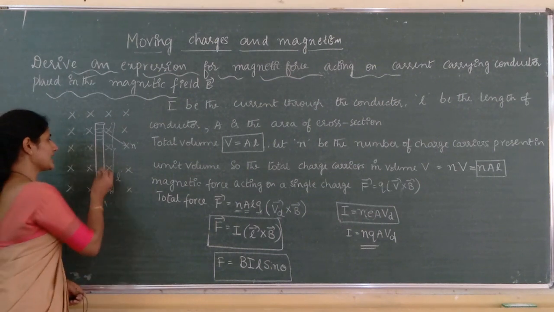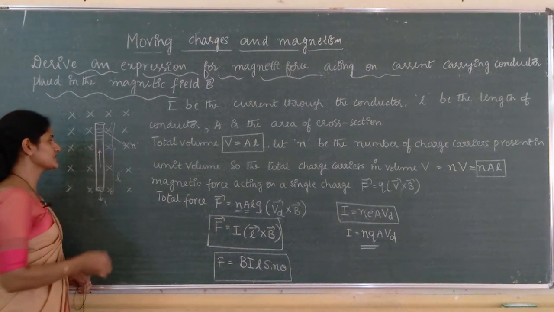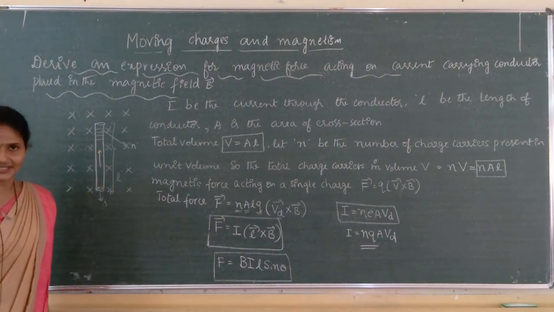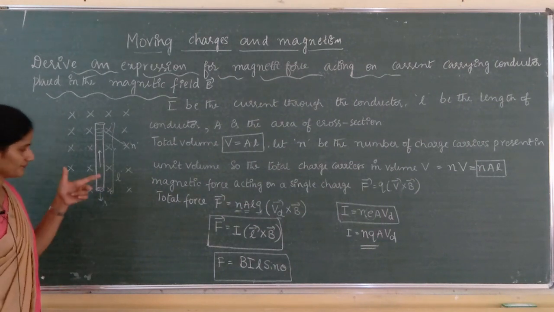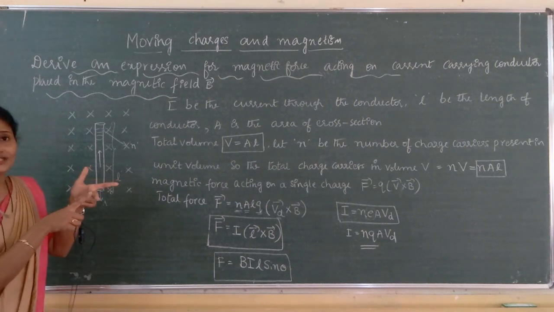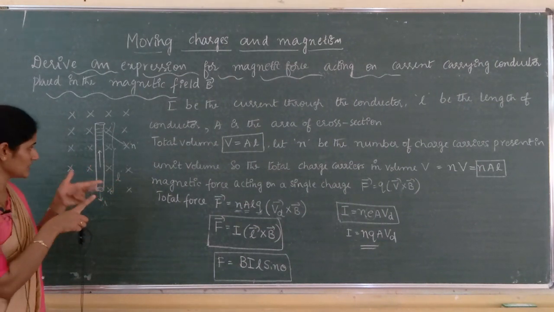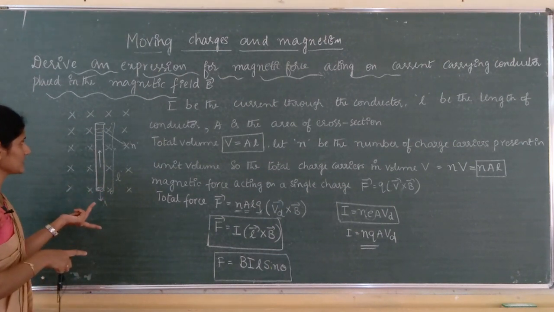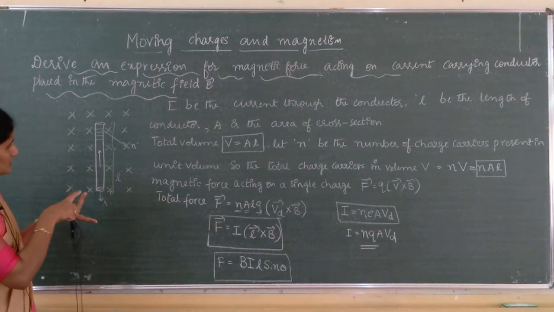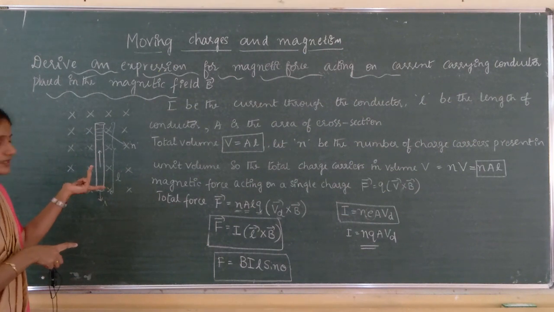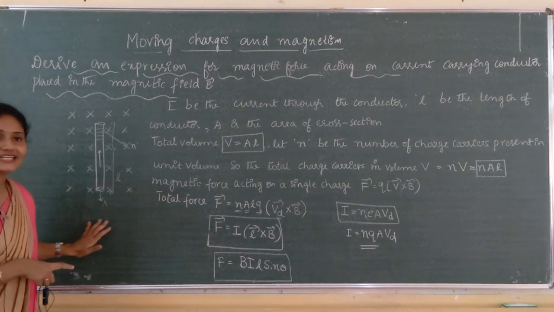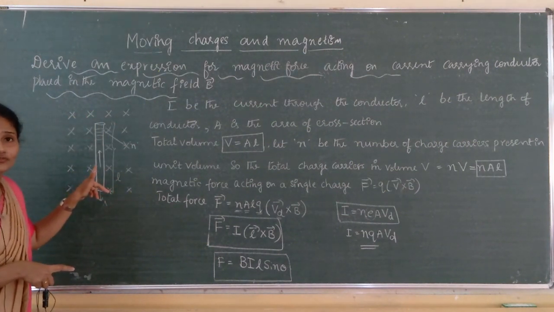If this is the direction of velocity of the particle, then we know that always the middle finger gives the direction of velocity. So, velocity is upwards and the magnetic field is into the plane of the paper.